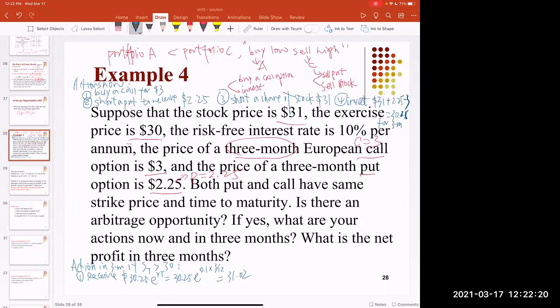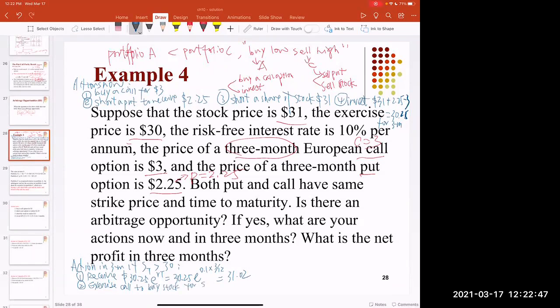Okay. In this case, the stock price is greater than 30. So you can exercise the call to buy stock, and you close out the position because you shorted at the beginning, right? Buy stock for how much?